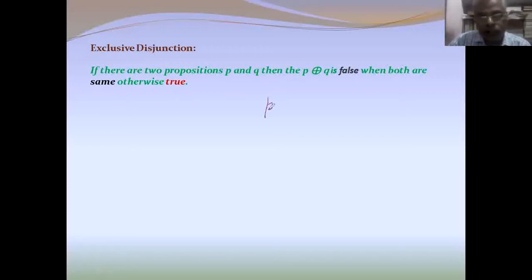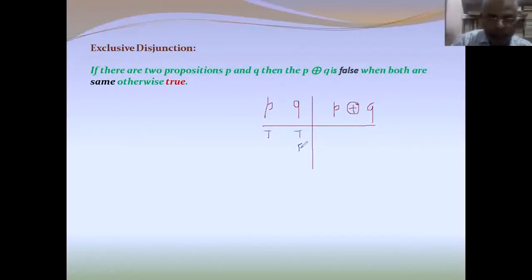Since there are two different propositions, the interpretations will be true, true, false, and alternatively true, false, true. It is 2 times true and 2 times false.